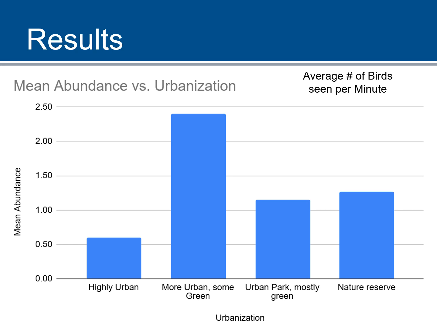It included a lot of the urban adaptable ones and the urban exploiters, but they seem to be there in a higher abundance. Very low abundance just in the highly urbanized spots without a whole lot of green space. And then the urban parks that were mostly green and the nature reserves had kind of an intermediate number of birds seen per minute.